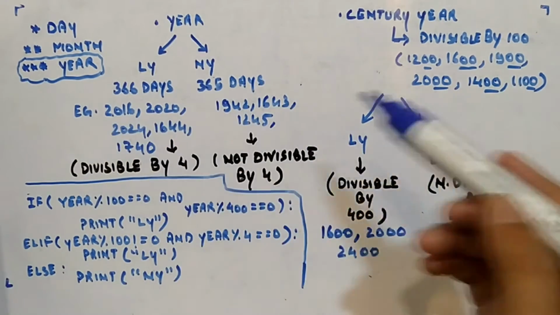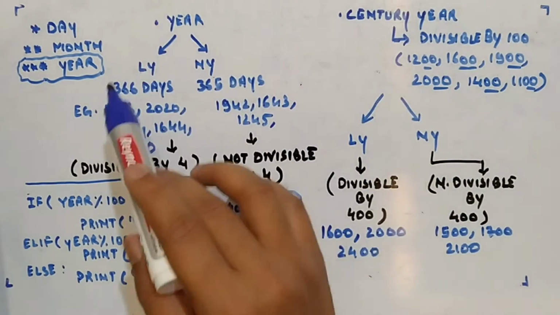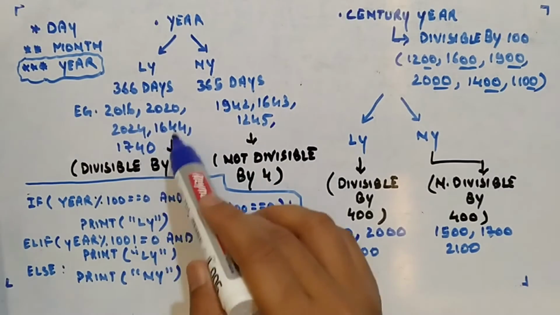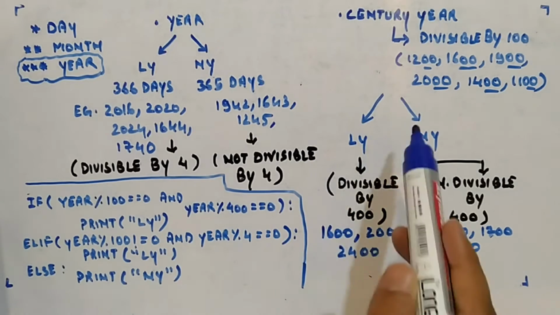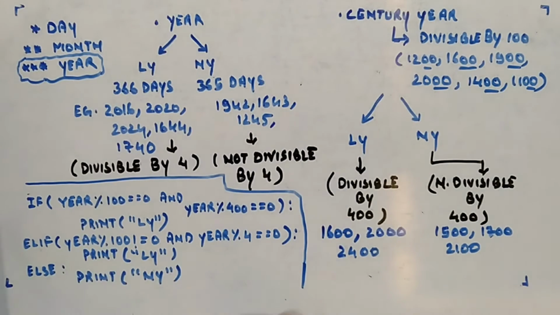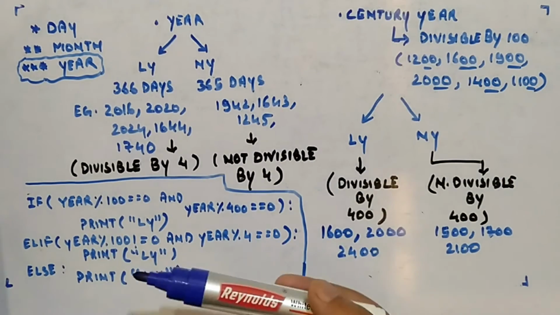These years, not divisible by 100 and divisible by 4, will come here, and they are also leap years. That's why I have used else if. If, else if, so two conditions we have covered. The third condition is else, print normal year.